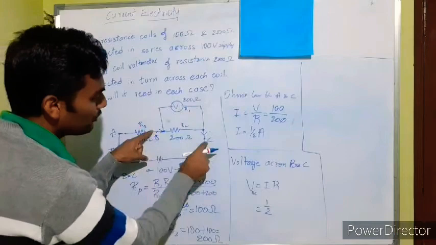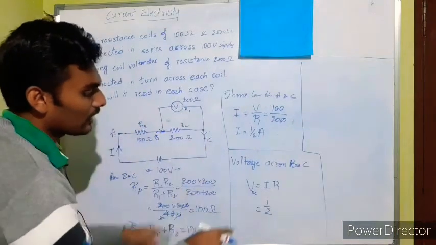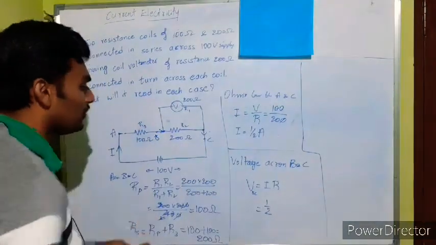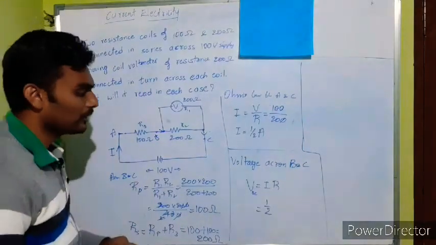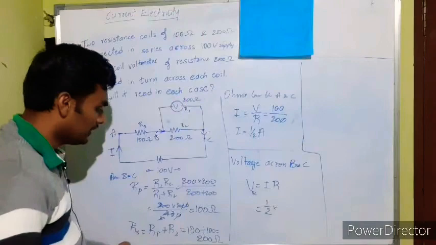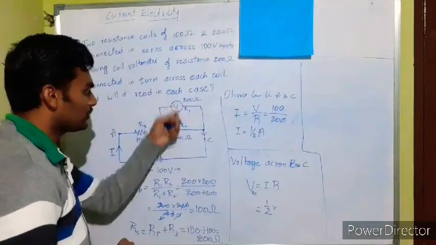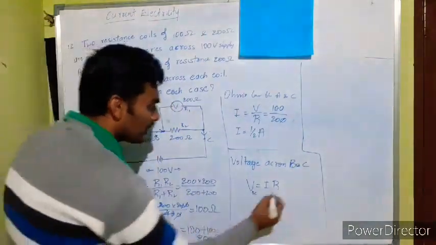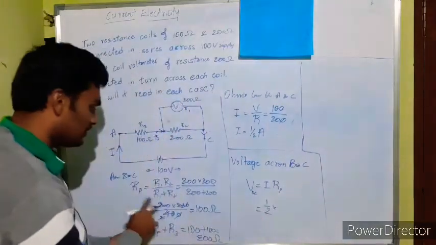So between B and C, the total current flowing is the main current, half ampere, into the effective resistance of these two in parallel, which is Rp, 100 ohm.